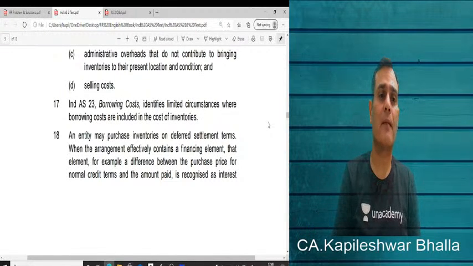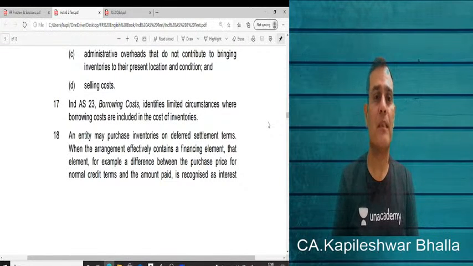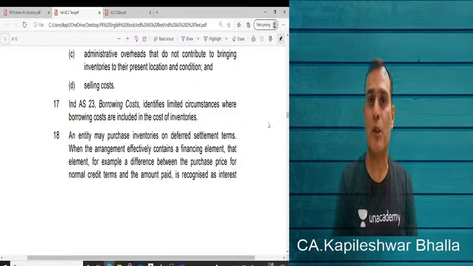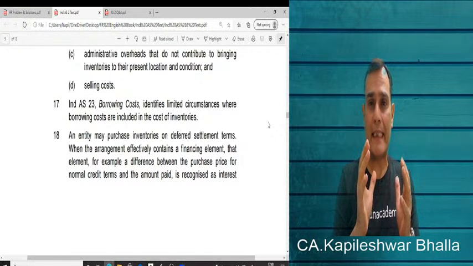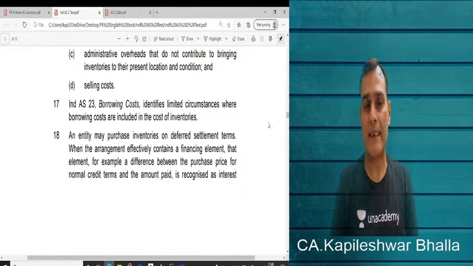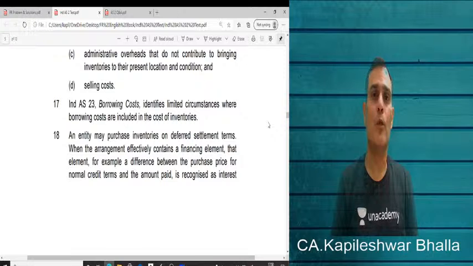Para number 17 talks about Ind AS 23, the borrowing cost. Now the question that comes to mind is, is inventory a qualifying asset? Ind AS 23 deals with what you've done at the intermediate level as AS 16, that is borrowing cost.